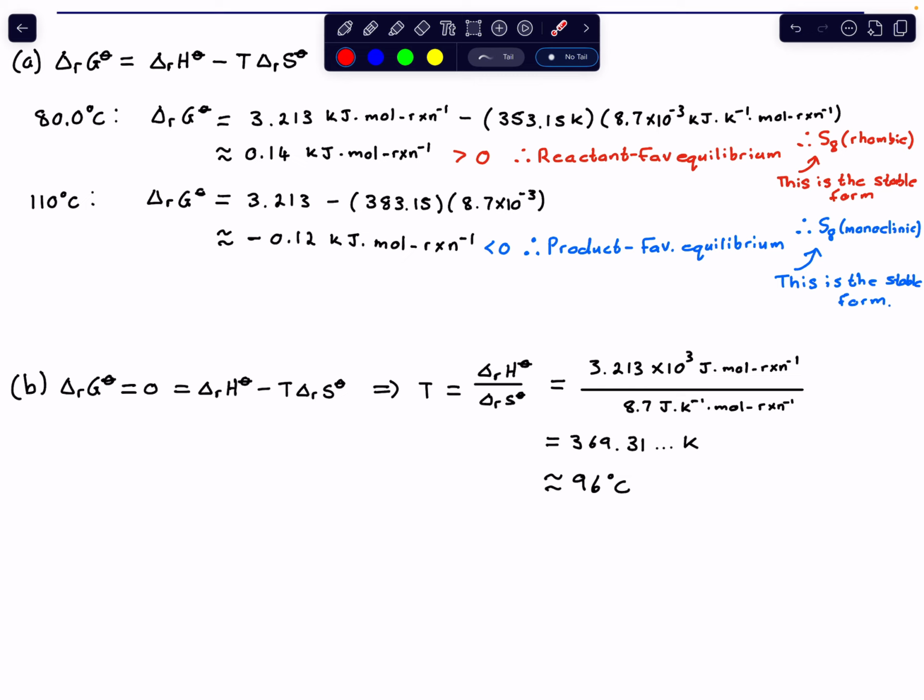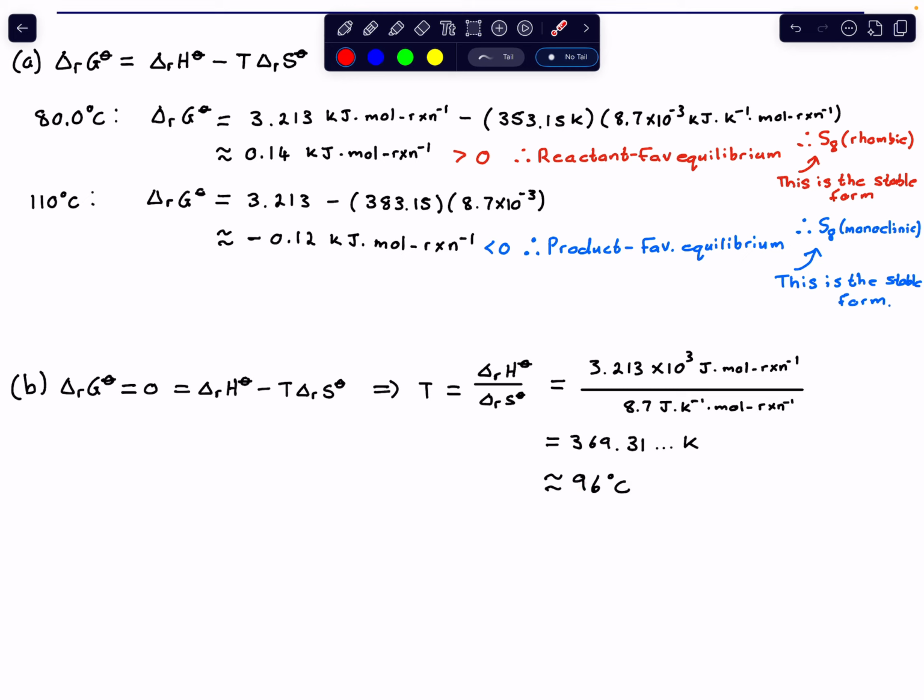Then at 100 degrees Celsius, water will boil. So that is hence the phase transition temperature. And then higher than that, there's a new stable form, which is water vapor. And in this case, it's like the monoclinic sulfur. And that is what this example is all about.